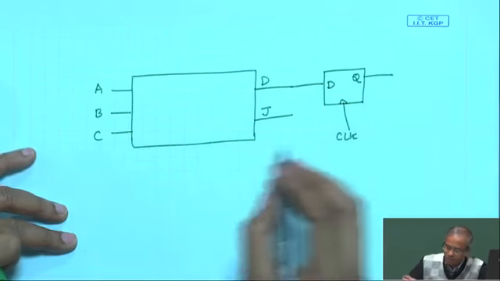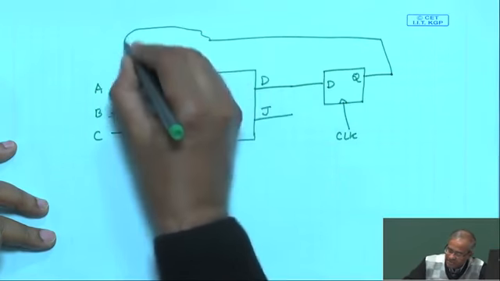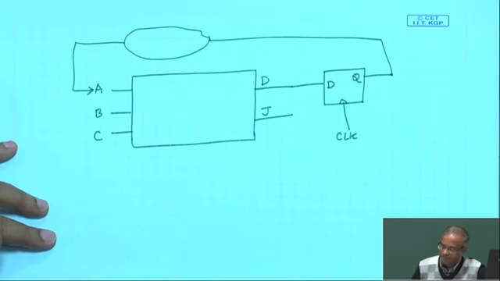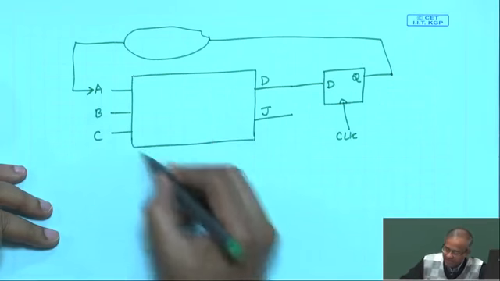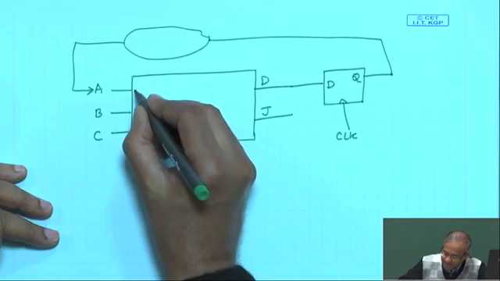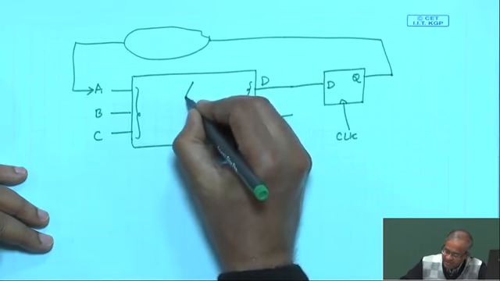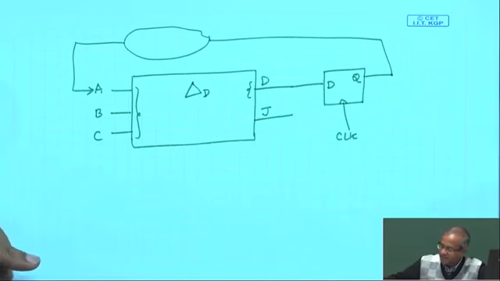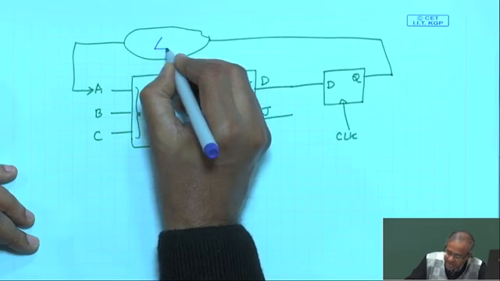This output can be going to some other circuit element which in turn is feeding A, let us say. Now, through timing analysis, I can find out that in this circuit, the maximum delay from the input to this output D is, let us say, delta D. Then I can also evaluate that this circuit module which is available here has delay, let us say, delta.